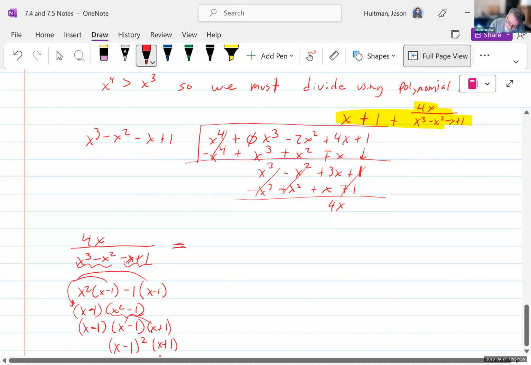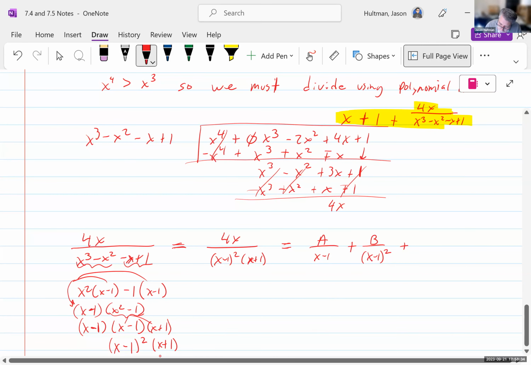Okay, so let me just show you what this is. This is 4x over x minus 1 squared times x plus 1. And the way we deal with this double factor, or what we call multiplicity, is we say that we could have had an x minus 1 in the denominator, or we could have had an x minus 1 squared in the denominator.